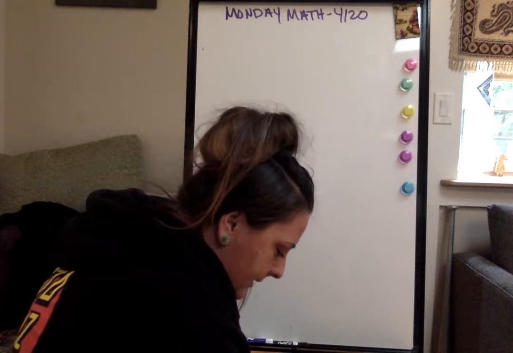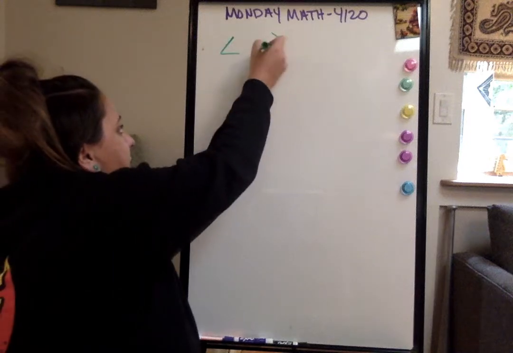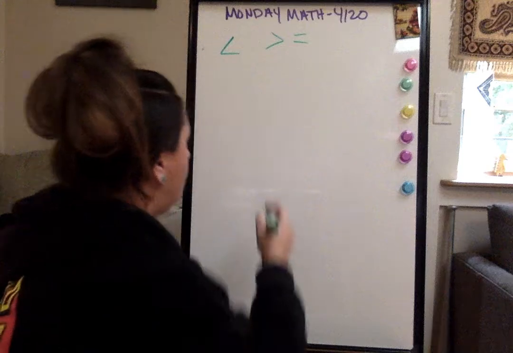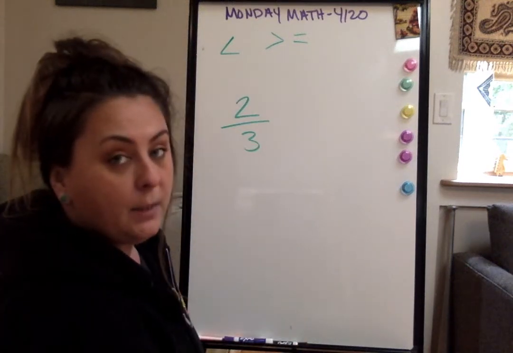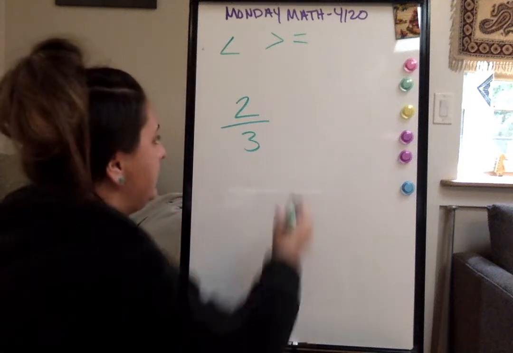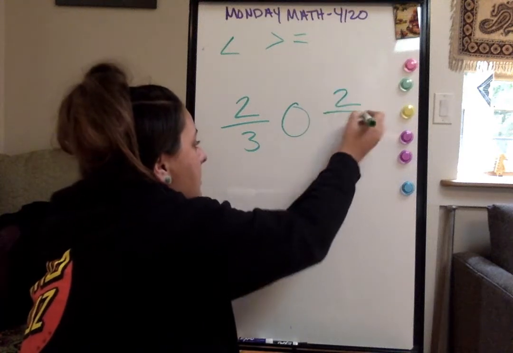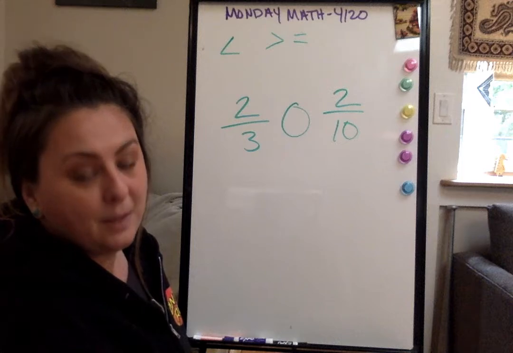Choose the correct symbol to fill in the blank. So your options are less than, greater than, or equal to. And this time we're going to compare fractions. Now I'm not going to make you do the super hard way because many of you were already tortured with that in 4th grade. But we've got 2/3 and 2/10. The easiest way to compare fractions is using the butterfly method.